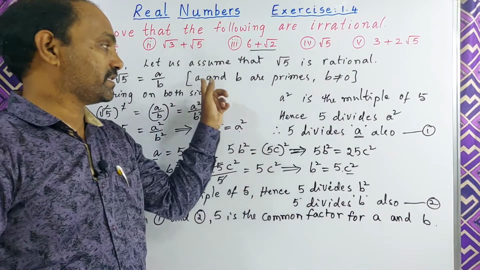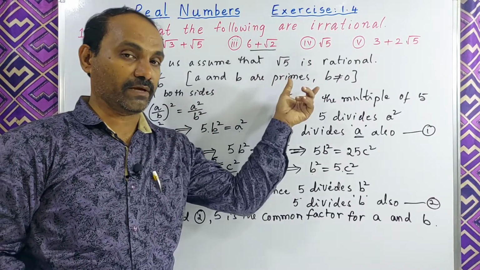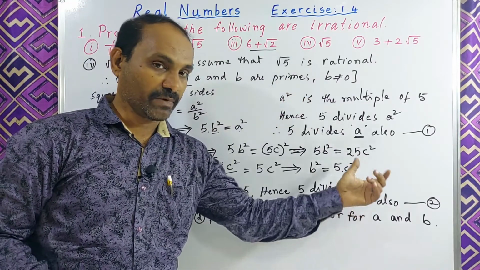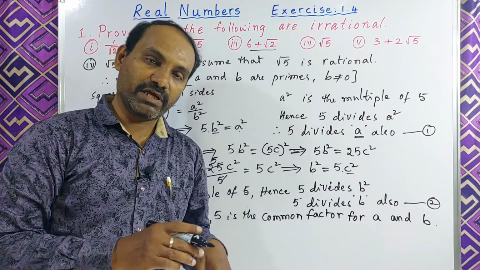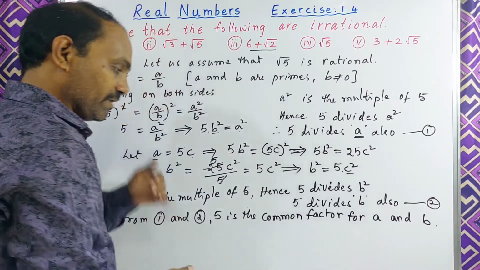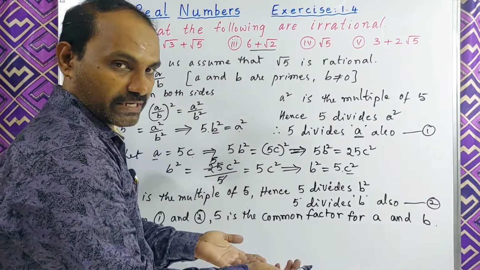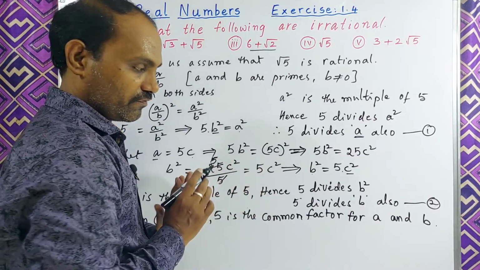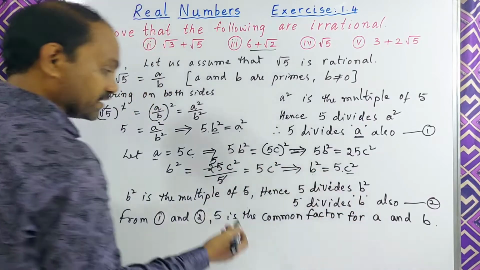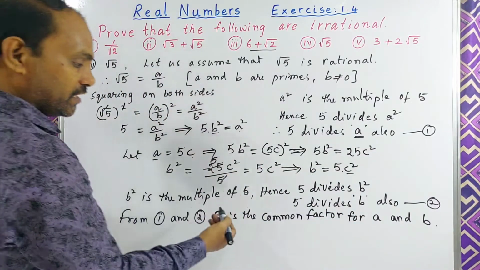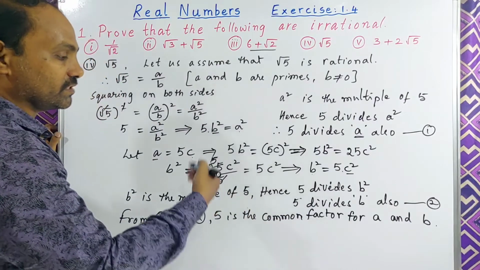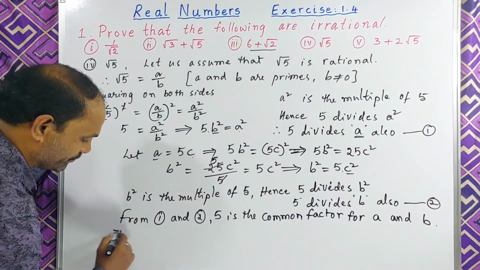But remember that a, b we took here as prime numbers. That means they don't have any factors other than 1 and itself only. So this contradicts. a, b are prime numbers, but here the common factor is 5. So this contradicts that a and b are primes.